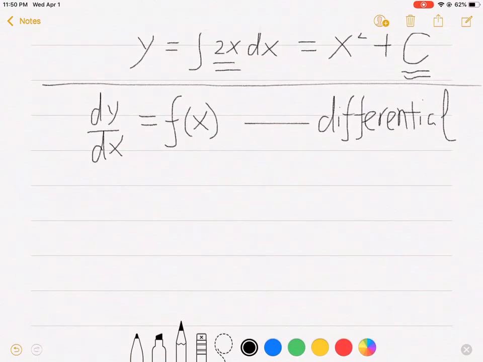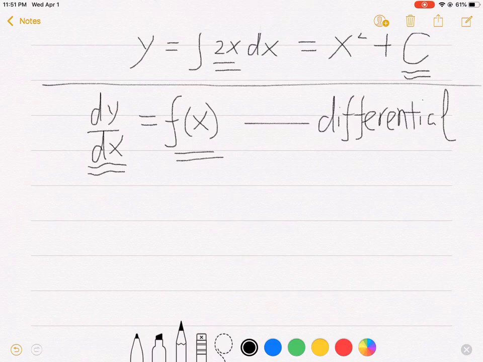So how do we solve this kind of differential equation? This is very simple, right? The right side is just a function of x. Because on the left side we use the Leibniz notation, we can treat this as a fraction, dy over dx.